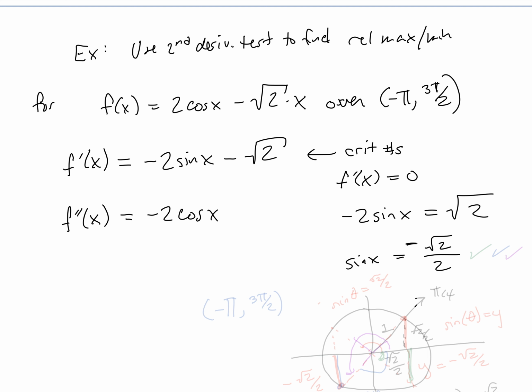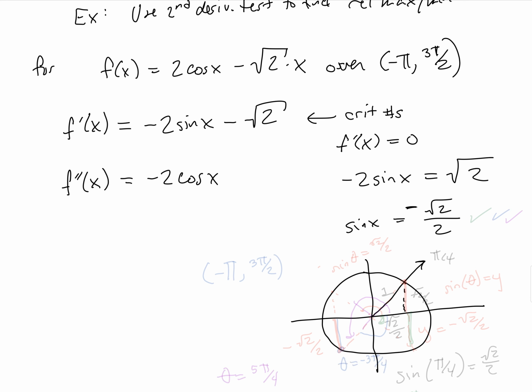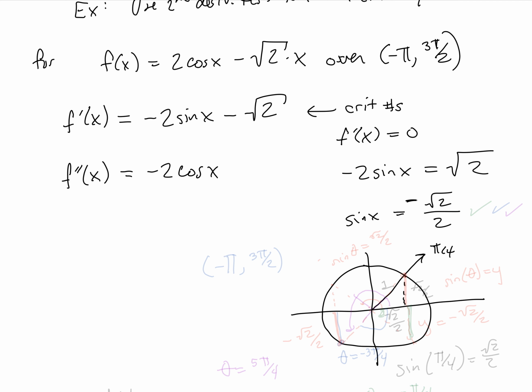So let's think about when that occurs. Remember, back with the unit circle, when we think about trig functions, there's a spot that's special where sine and cosine are equal, and that's at the angle pi over 4.